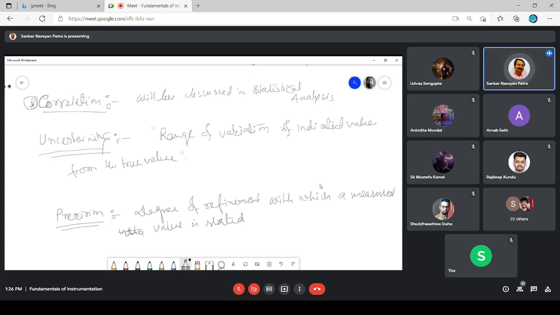But suppose your instrument right now shows 97.3 degrees centigrade as the boiling point of water, and the day after tomorrow, with the same experiment, same input, same environment, the output reading is 98.3, and the next day 99.3.